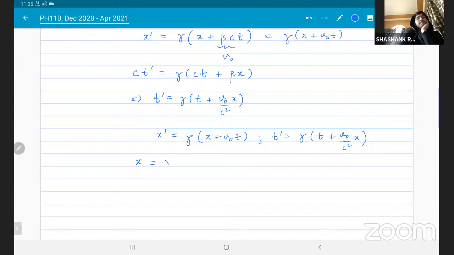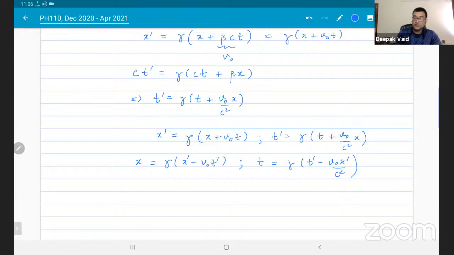That's the only thing that changes. This is the inverse. Either one of them you can call the Lorentz transformation and the other as its inverse.